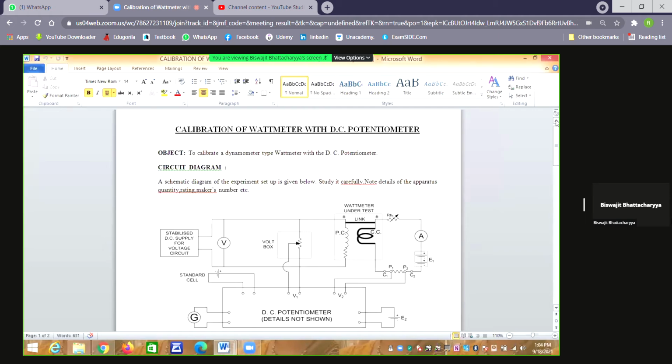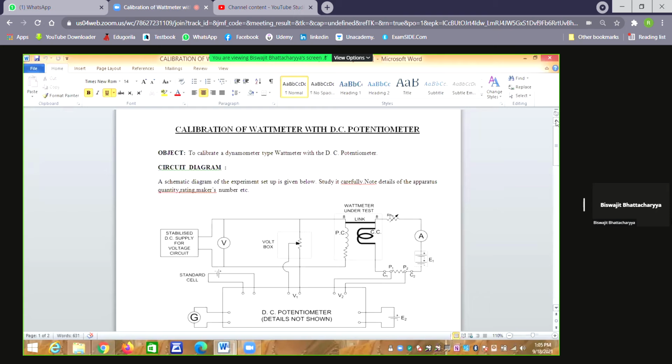Now the same DC voltage will be given to another instrument, which is supposed to be standard, and that DC current will be given to that second instrument. Then the standard instrument, after getting the information of DC voltage and DC current, will give us some information of power.